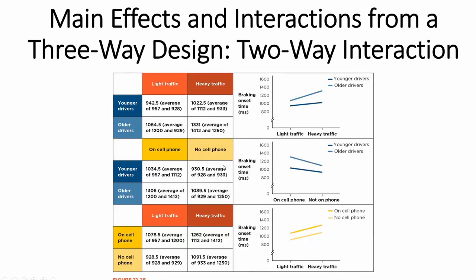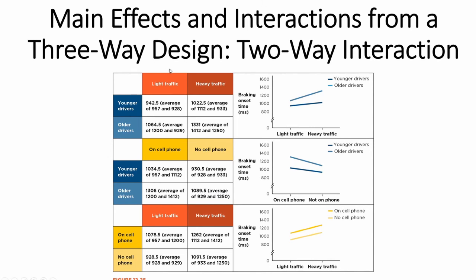Now, if we wanted to look at our interactions, we're basically looking at how many ways can we combine two of our three independent variables. If you have three independent variables, there are actually three ways that you can have two-way interactions.